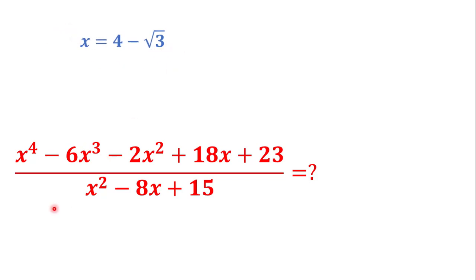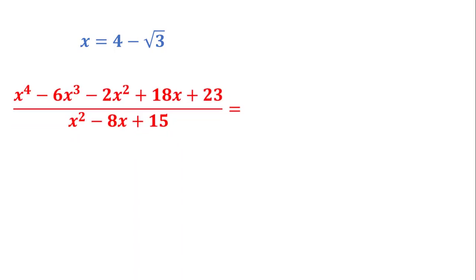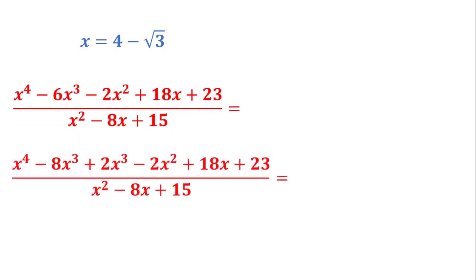Now we need to evaluate this expression. We want to make the denominator in the numerator expression. Minus 6 times x cubed can be written as minus 8x cubed plus 2 times x cubed.